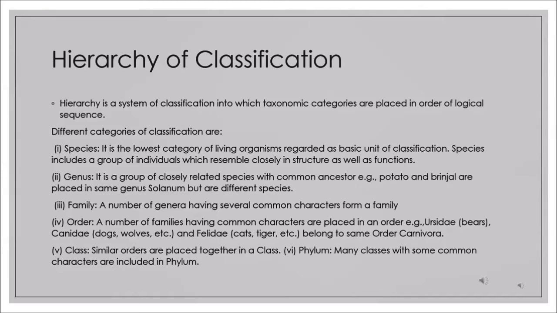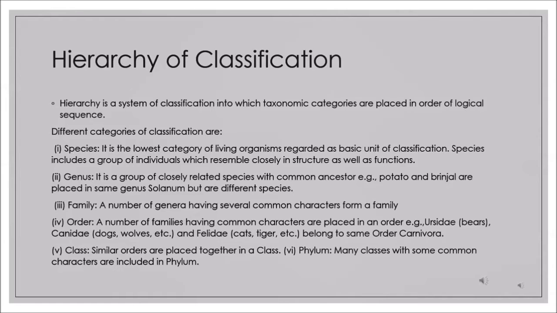White we have, yellow we have, red we have. So red is one type of species, yellow is one type of species, and white hibiscus is one type of species. We put those three different species under one group that is called genus. So it is a group of closely related species with a common ancestor.